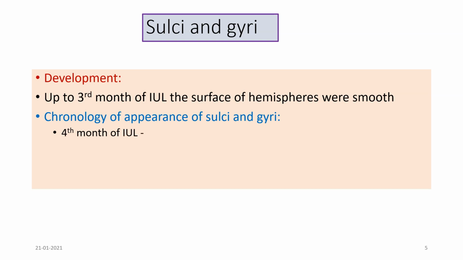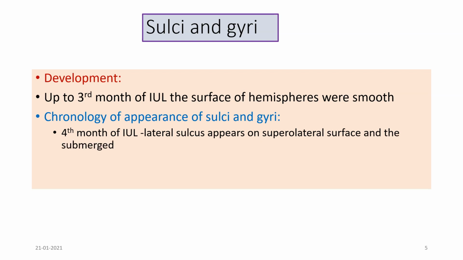During the fourth month of intrauterine life, the lateral sulcus will appear on the superolateral surface, and the submerged gyrus underlying this lateral sulcus will form the insula, which is a separate lobe that will develop with the appearance of the lateral sulcus during the fourth month of intrauterine life.